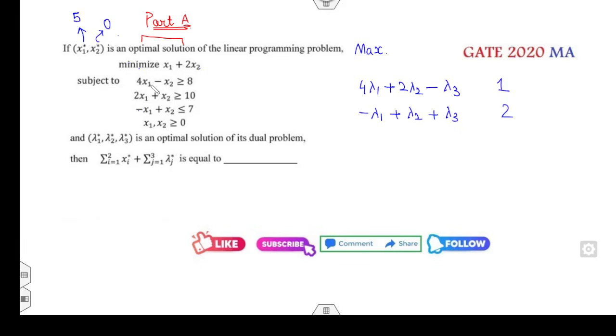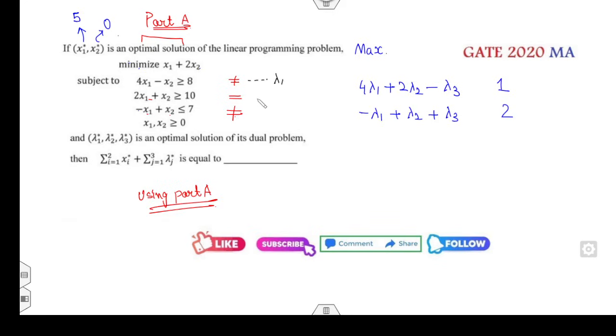Now you can see whether 5 comma 0 satisfies equality. This is not satisfied equality. Which is satisfied equality? Minus 5 plus 0, not satisfied equality.